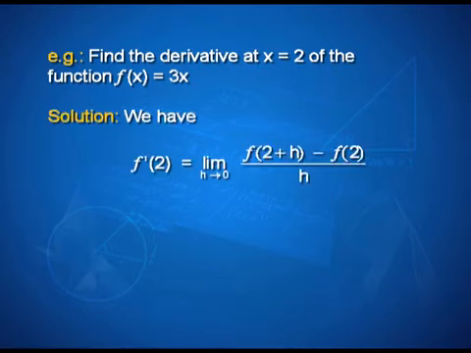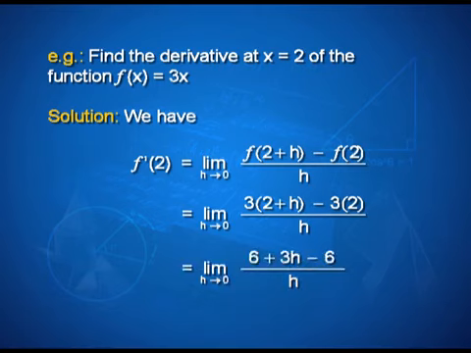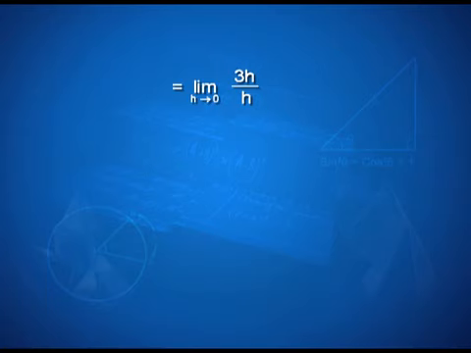We have f dash 2 is equal to limit f of 2 plus h minus f of 2 upon h as h tends to 0, that is equal to limit 3 into 2 plus h minus 3 into 2 upon h as h tends to 0, that can be written as limit 6 plus 3h minus 6 upon h as h tends to 0, which can be simplified as limit 3h upon h as h tends to 0.